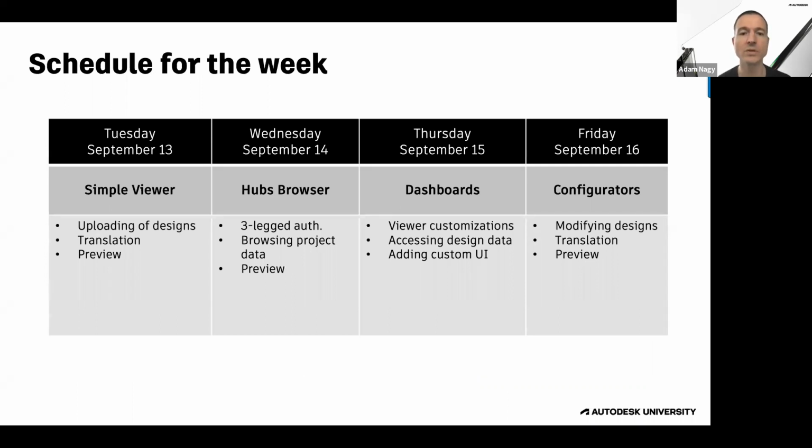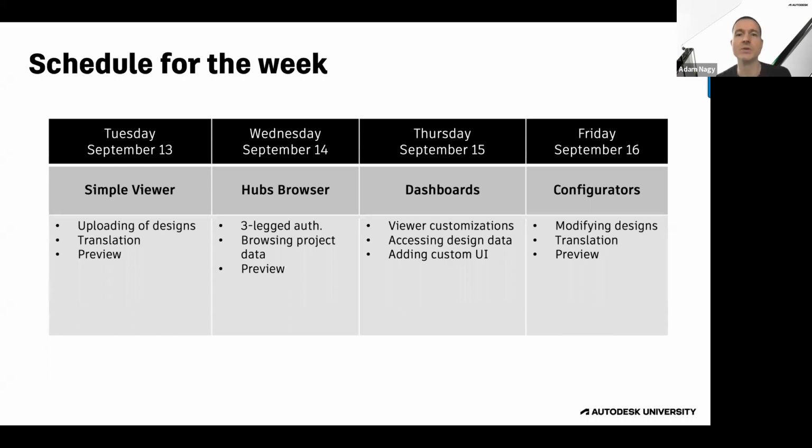Then tomorrow we'll have a similar tutorial, but in that case, it's about hubs, meaning that if you have some kind of storage account with Autodesk, whether it's Fusion Team, BIM 360 Docs, or ACC, Autodesk Docs, then this tutorial will show you how you can access those hubs that you have access to and list the projects, files, versions, everything in them.